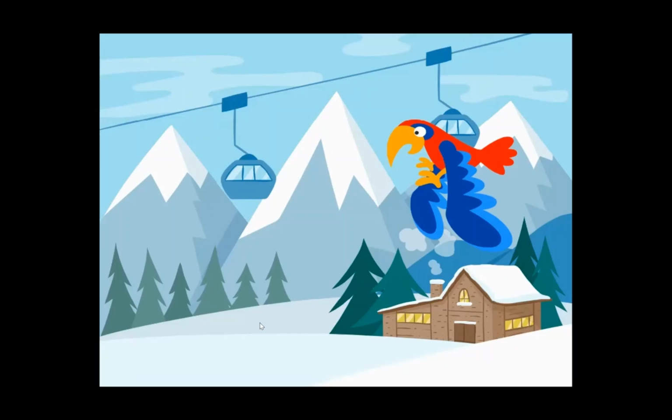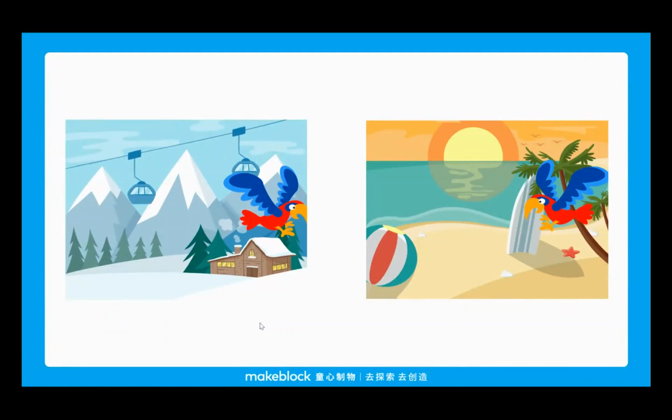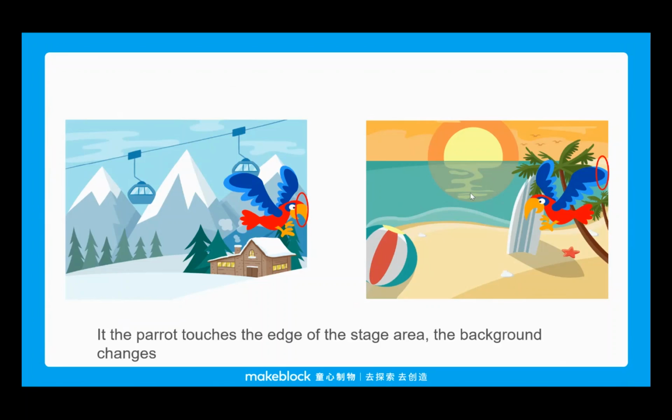Okay, so we'll be looking at how we use if-then statements, conditional statements, and the use of some of the things we've been looking at before. So the use of different backgrounds, costumes within the sprites, speech and looks, all sorts of different things we'll be looking at how we can use within this lesson. Okay, so just to clarify that a little bit more, we can of course use the background to set up different scenarios for where Parrot is traveling to.